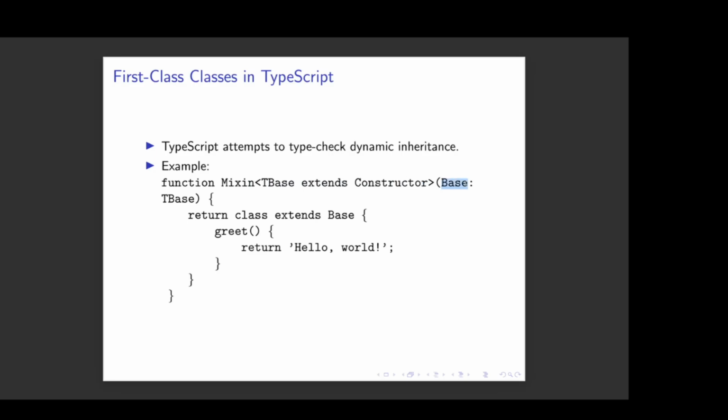And now we say that base, our argument to this function, has the type T-base. Okay, so here we essentially know the interface of the superclass. The interface of the superclass is this T-base, and base is the implementation, if you wish, of the superclass.